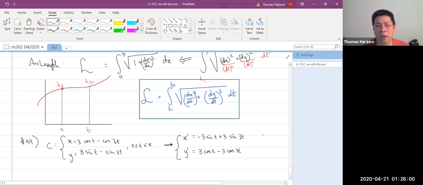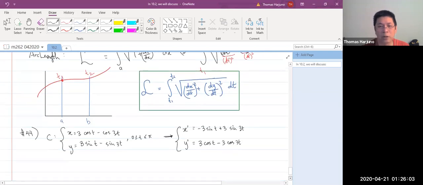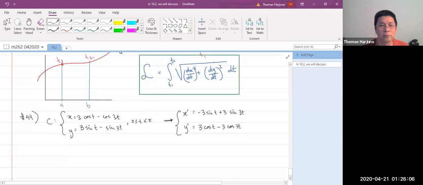Now I need to find the expression inside the radicand, so x prime squared plus y prime squared. That will be (negative 3 sine t plus 3 sine 3t) squared plus (3 cosine t minus 3 cosine 3t) squared.